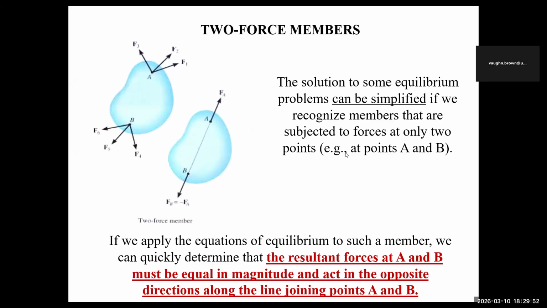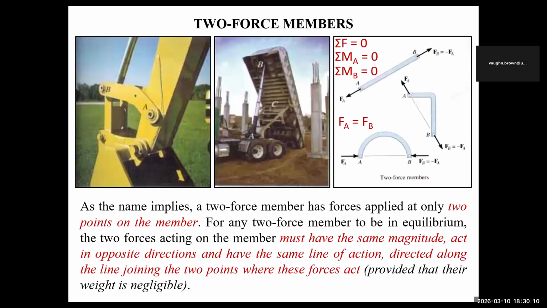Right? Force only at 2 points, at point A and point B. And if you apply the equilibrium equation to such a member, we can quickly determine that the resultant forces at A and B must be equal in magnitude and act in opposite directions along the line joining A and B, right? So that's what that is demonstrating to you.